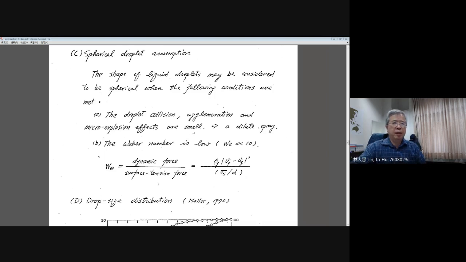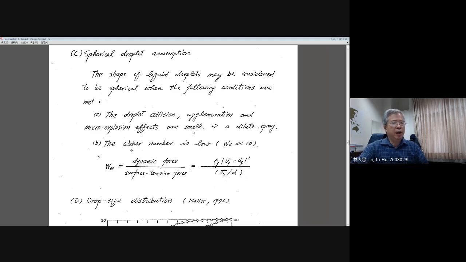By comparing these two forces, if the Weber number is much smaller than 10, it means the surface tension is 10 times the dynamic force, so the surface tension can retain the spherical shape of your droplet. This is the other assumption.